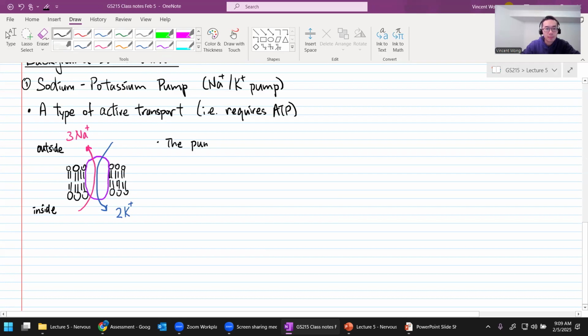The pump transports 3 sodium out of the cell in exchange for 2 potassium into the cell.